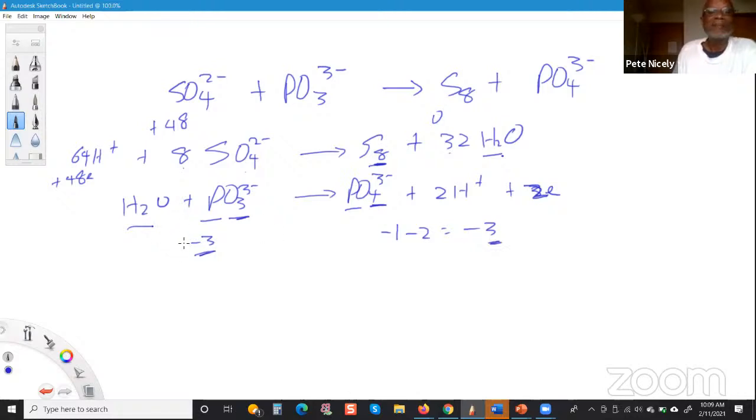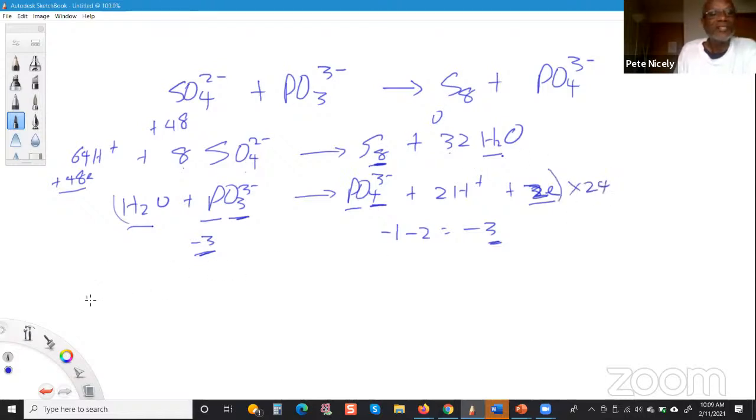Okay, so the next step is that we need to make sure that the total number of electrons gained in the reduction half equation is equal to the total number of electrons lost in the oxidation reaction. Which means, in this case here, because we have 48 electrons here, and we have 2 here, we need to multiply this by 24.